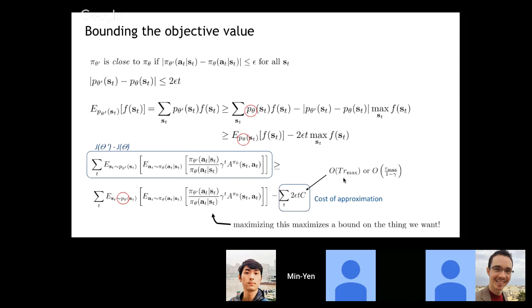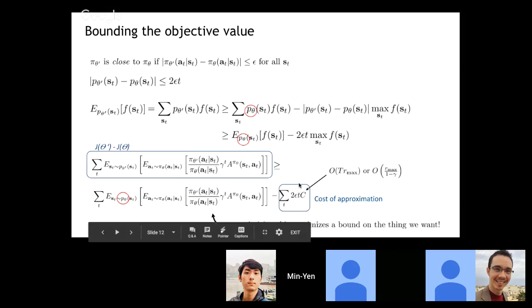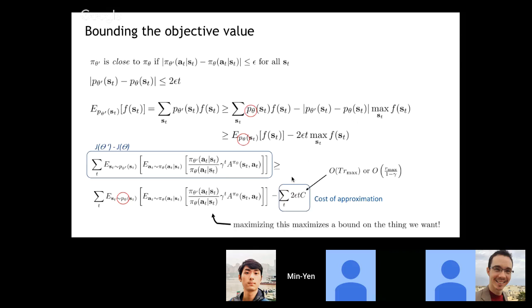But if T is infinite, meaning the horizon is infinite, then it will be Rmax divided by 1 minus gamma, because 1 over 1 minus gamma is the effective discount. Questions about that so far? So basically, the second term is how much suboptimality you incur by doing the approximation of using theta instead of theta prime.